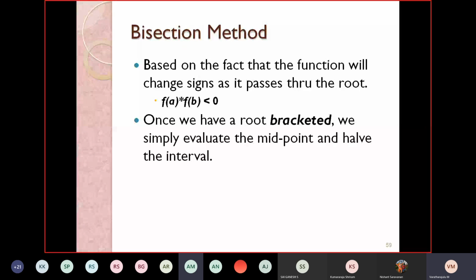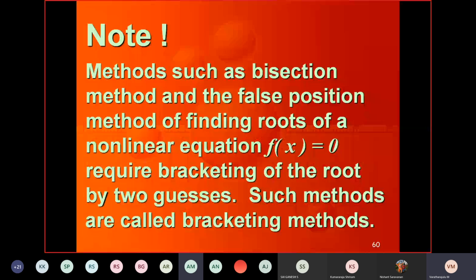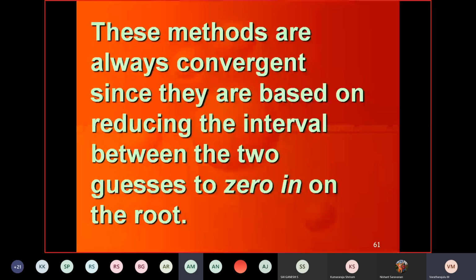Here, methods such as the bisection method and the false position method of finding roots of a nonlinear equation, that is f of x is equal to 0, require bracketing the root by two guesses. That is, we are going to make two assumptions. Such methods are called bracketing methods. If it is one guess, then that is called an open method. That is not bracketed, that is an open method.